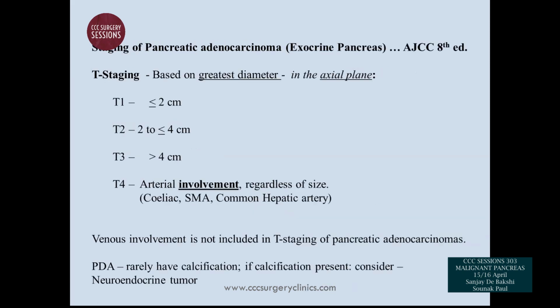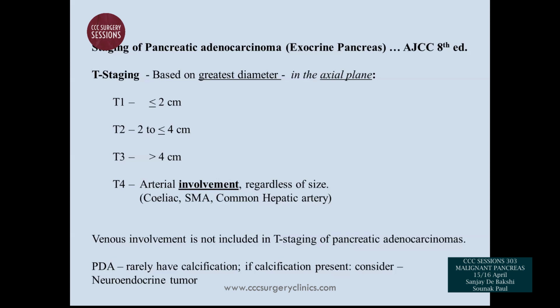The basic platform on which we evaluate pancreatic adenocarcinomas, as with any other malignancy, is the latest AJCC 8th edition guidelines, according to which the tumor staging or T staging is based on the greatest axial diameter of the lesion. Arterial involvement of the celiac, superior mesenteric and common hepatic arteries is classified as T4.